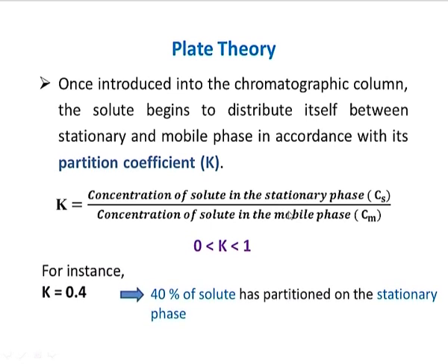Now, for example, if the value of K is 0.4, what would that mean? That would mean 40% of the solute particles have partitioned themselves into the stationary phase. This is the same thing I was talking about in the previous slide. Let me explain it once again. Let us assume you had 10 solute particles in the beginning.